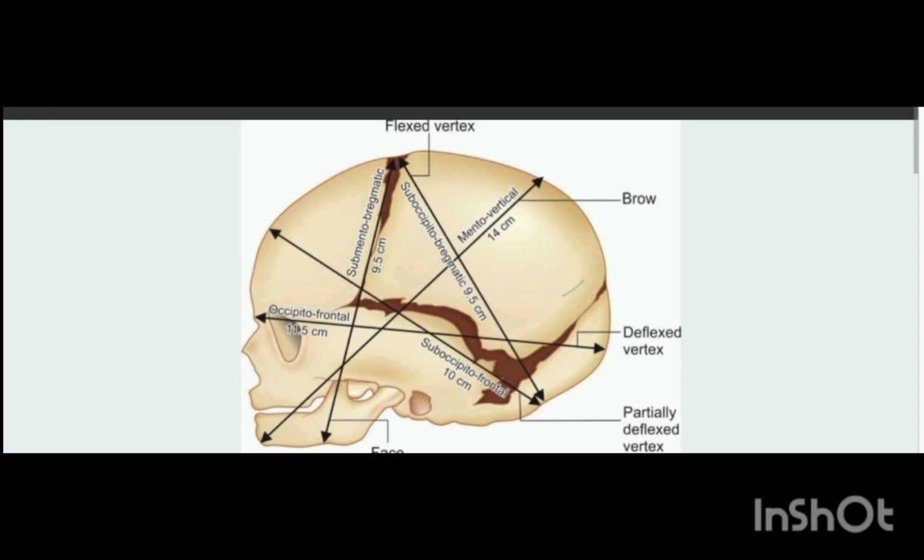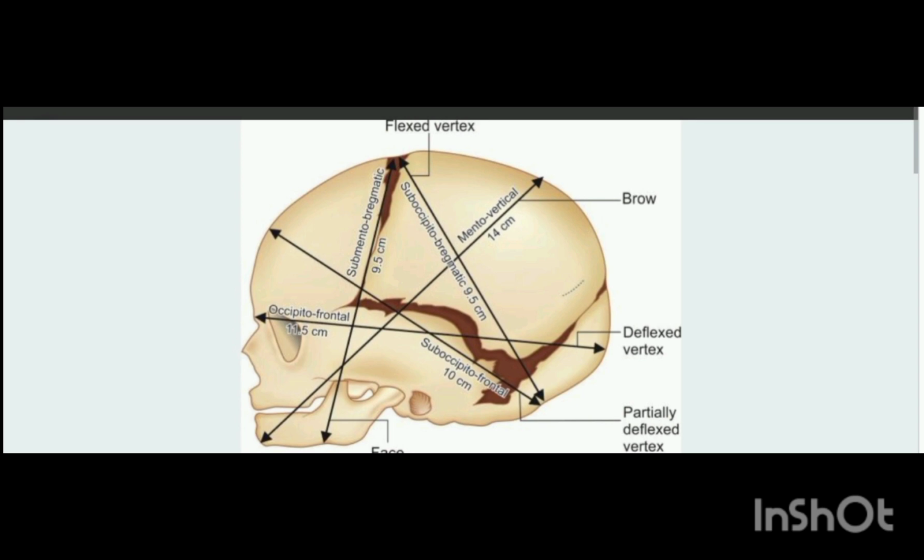And submentobregmatic means, I told you that the anterior fontanelle is also known as the bregma.